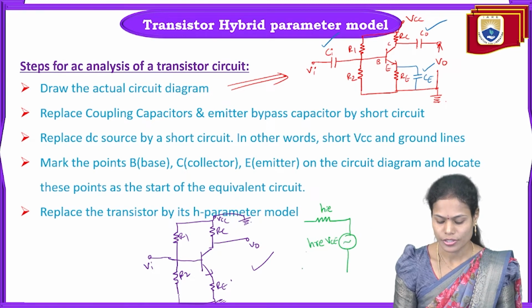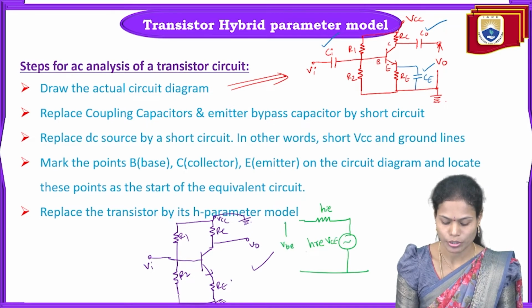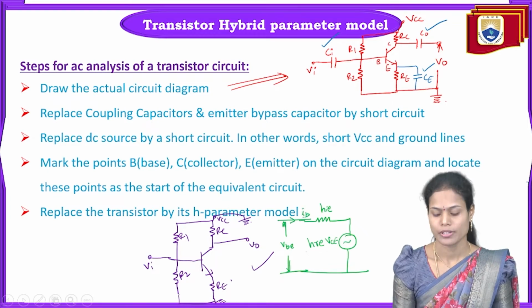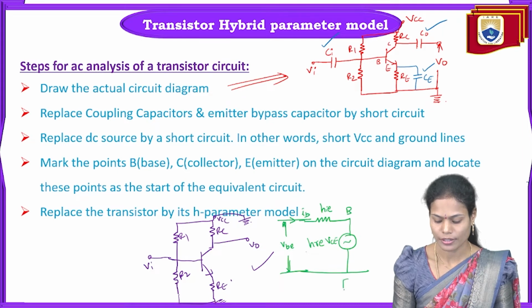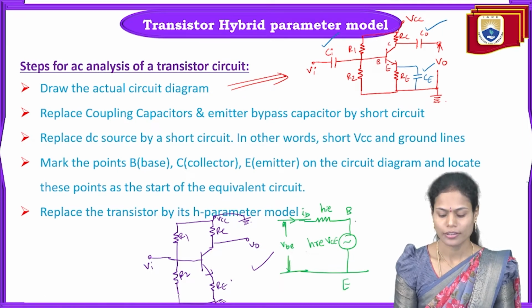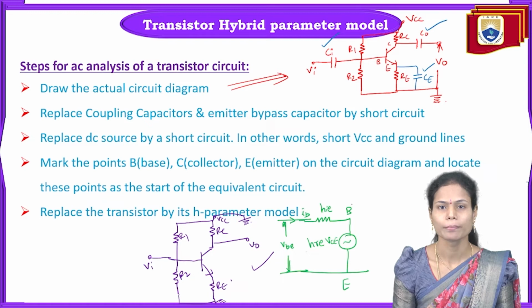This section is the input side. Here we are providing the input voltage VBE and the current IB is flowing here. So this is the base terminal and this is the emitter terminal, and this total thing is the input side.